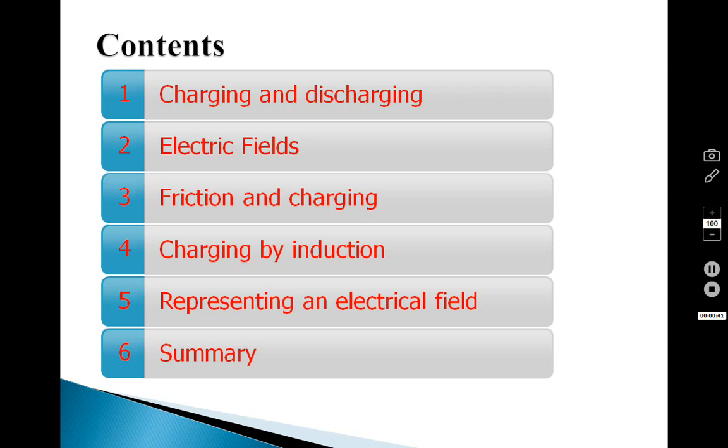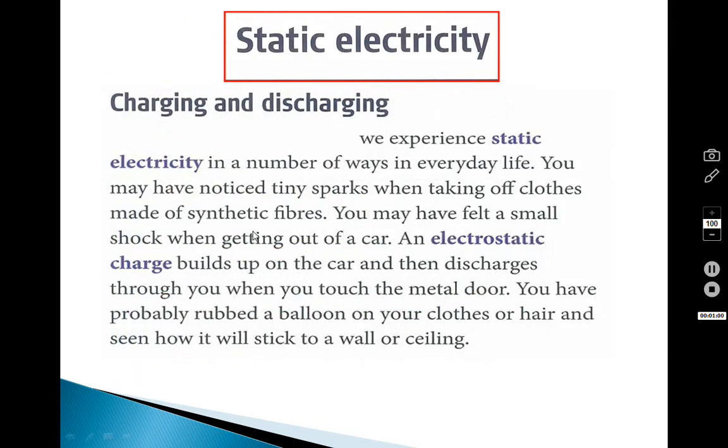So we have two ways to do charging, by friction and by induction, and we will show some experiments to do that. Number 5, representing an electrical field. Number 6 is a summary of all those topics and subtopics. So first we will start with charging and discharging.